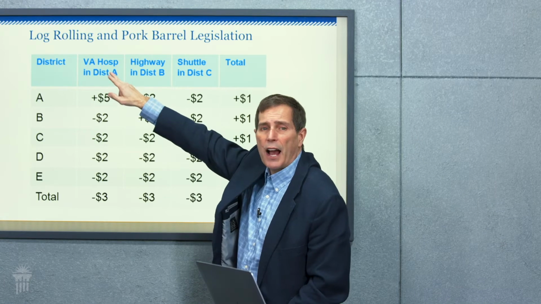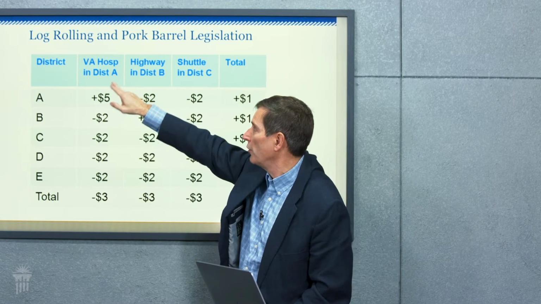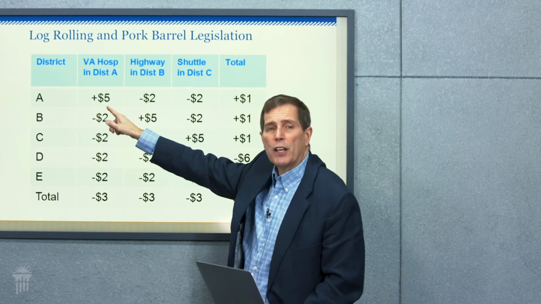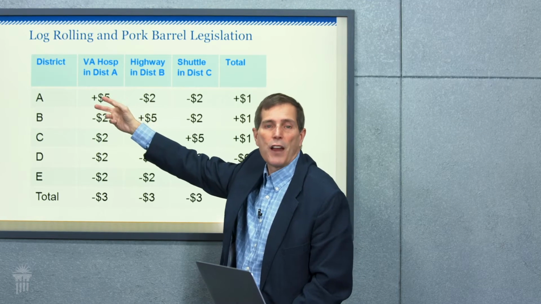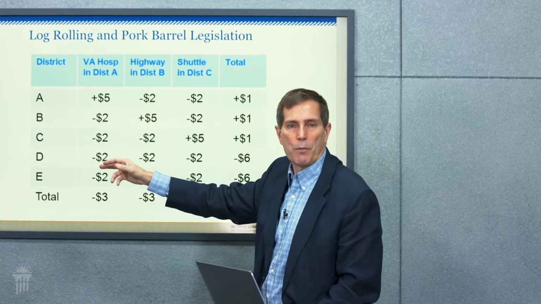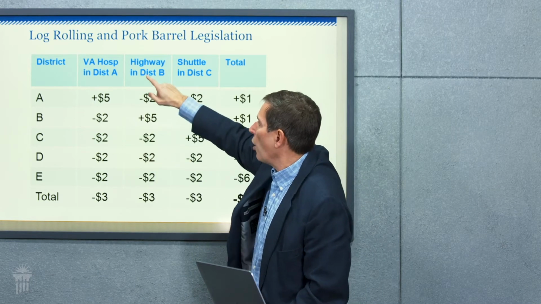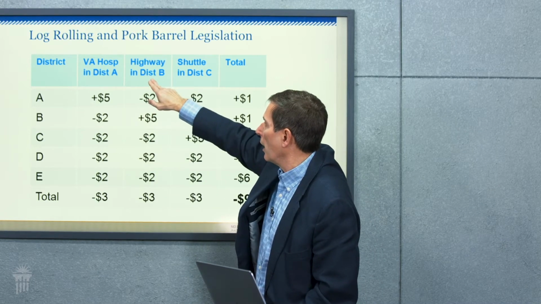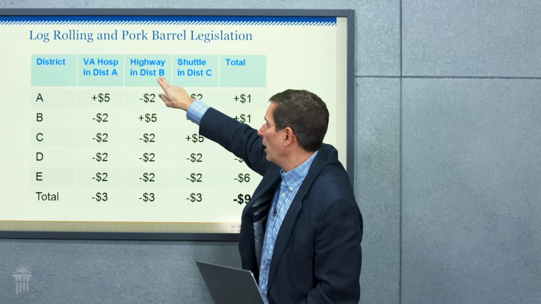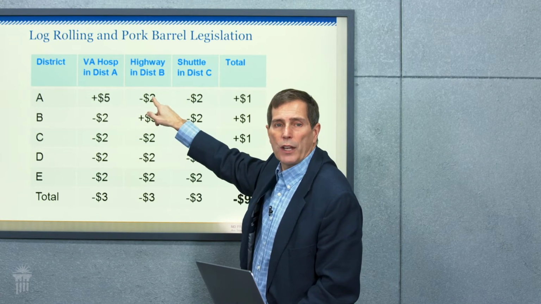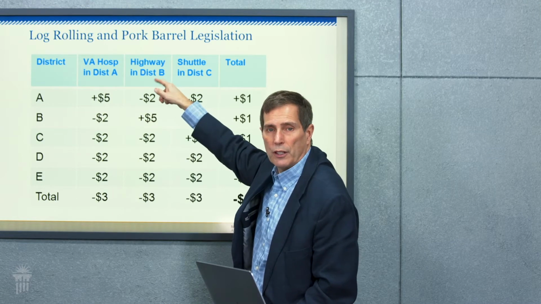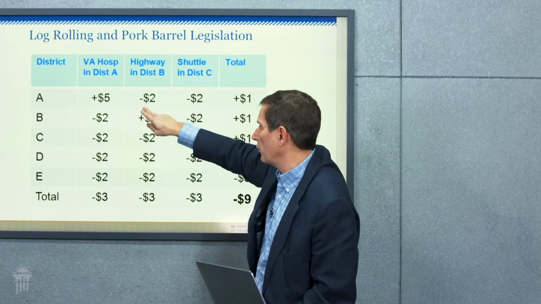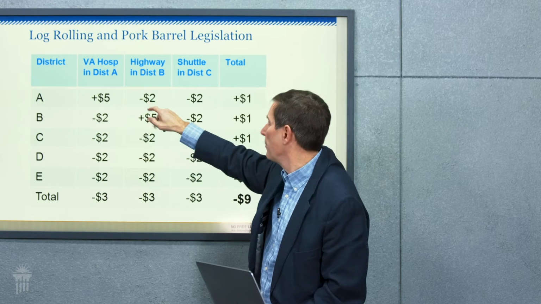There's a VA hospital that would go in Congressman's District A. And if it goes to this district, this congressman, his constituents get a $5 in hypothetical benefit from this. The other project is going to be a highway in District B. Well, the people in A don't get any benefit from it. They have to pay taxes, so there's a cost. But the highways, unless they visit there, they're not going to get any benefit. So this is a negative value to them.